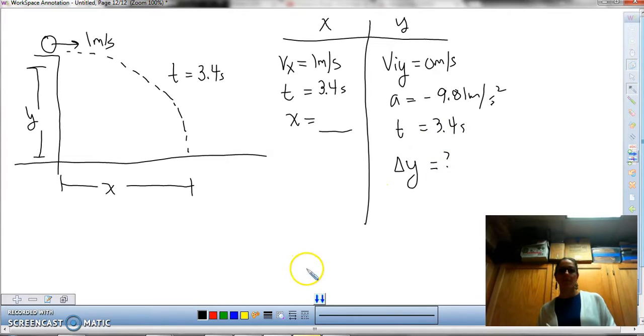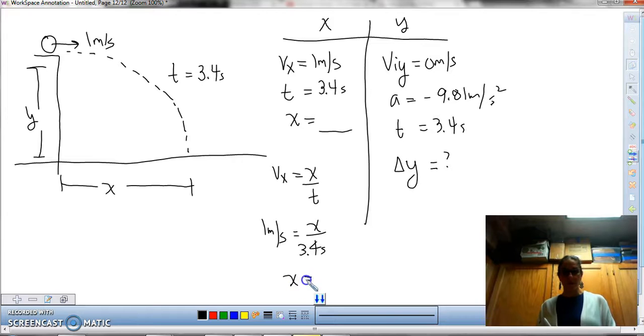This is pretty easy now because we have Vx equal to x over t. 1.5 meters per second equals x over 3.4 seconds. So x is 5.1 meters. That was simple enough.